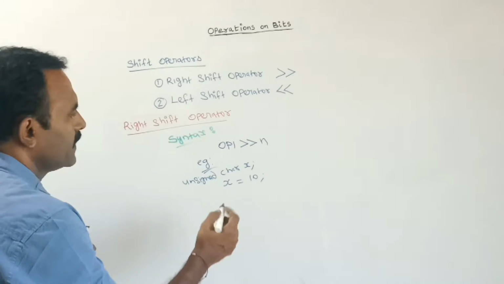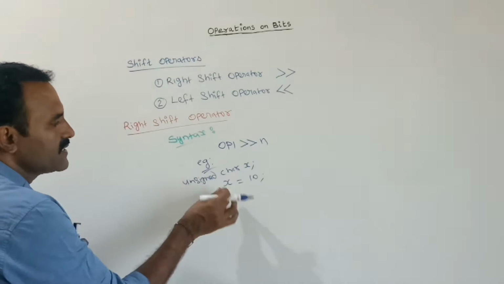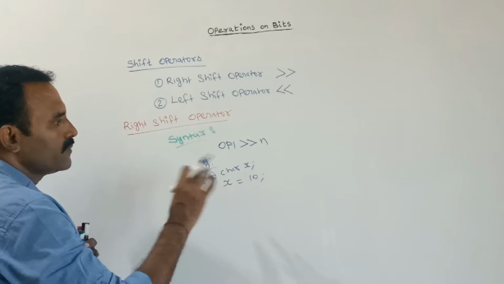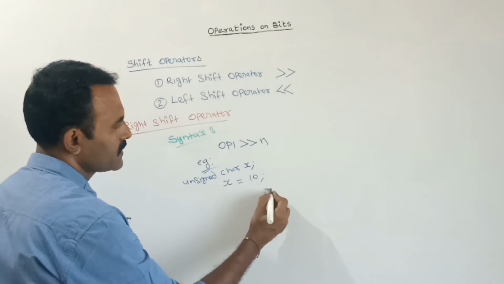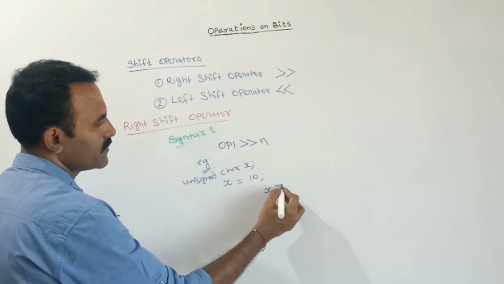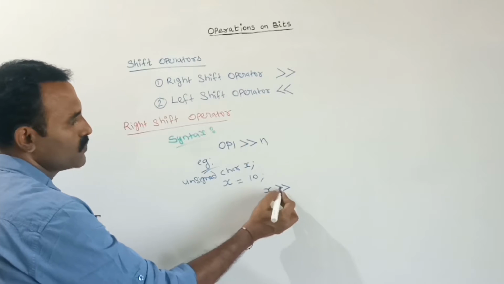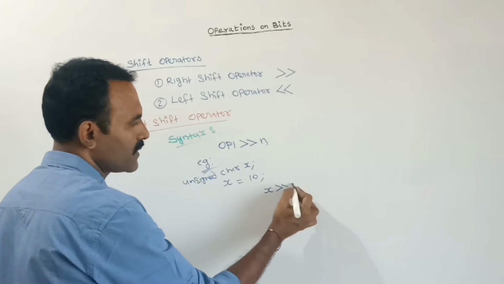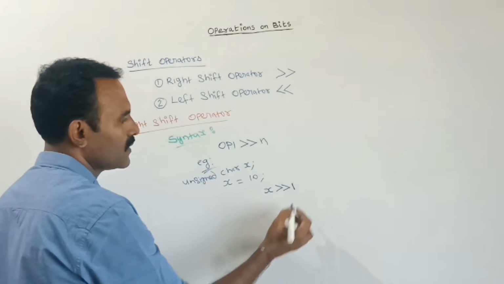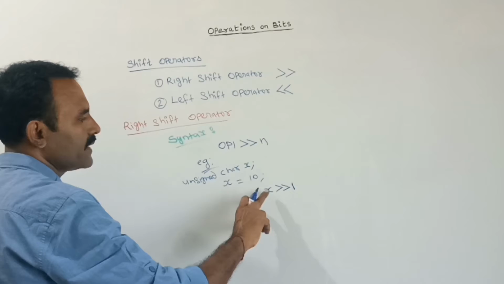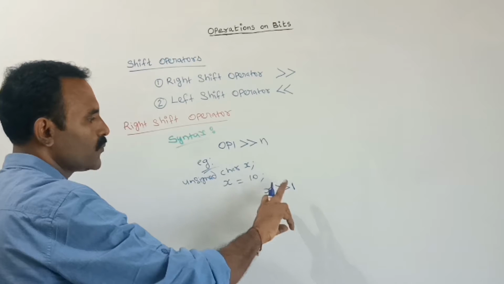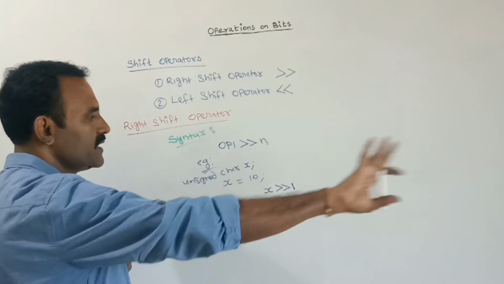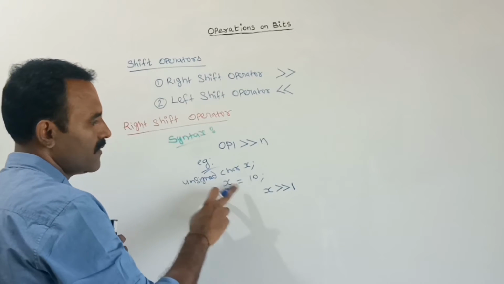Then suppose I want to shift this operand x one bit towards the right side, I can use it like this: x, then the right shift operator symbol, two greater symbols, next the number of positions, here 1. So this x operand will shift each and every bit one position, that is one place, towards the right direction of the operand.